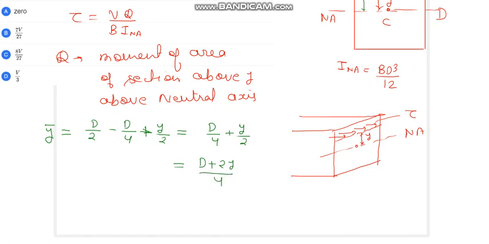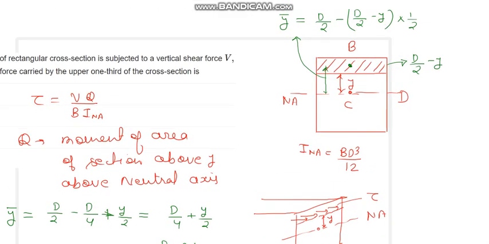Now the area of this section equals B into (D by 2 minus y), which is B into (D minus 2y) divided by 2.